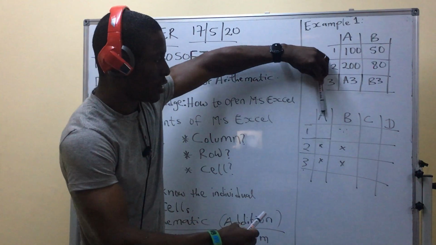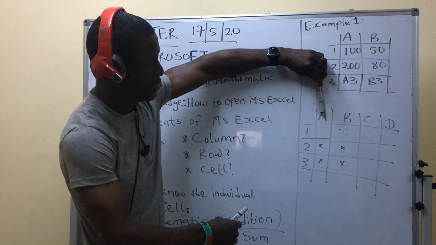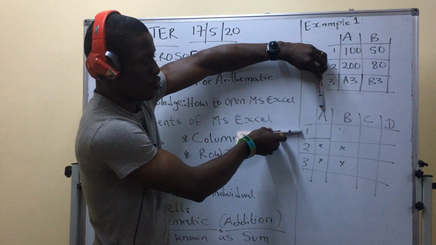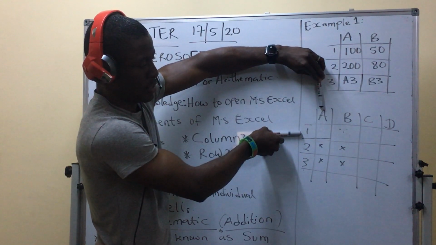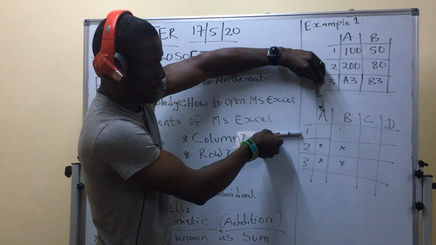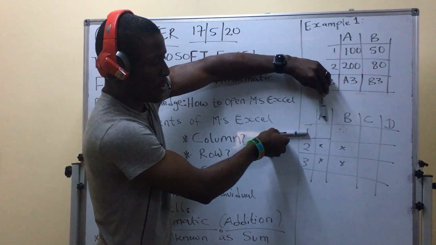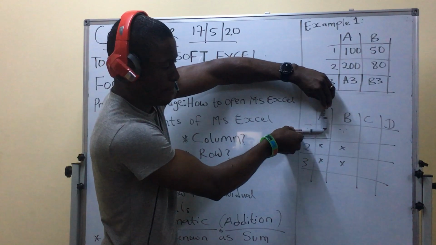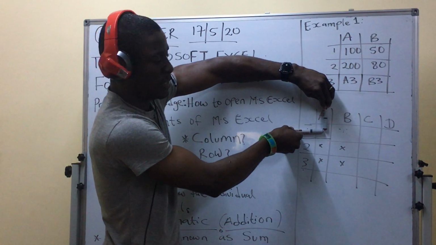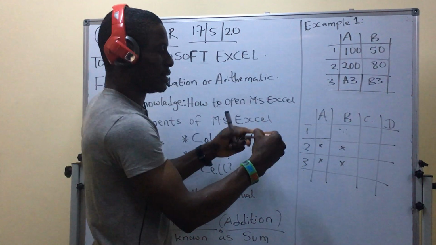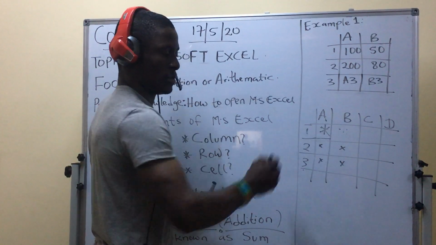this is column A, and this is row 1. Let's see. The column is coming down, the row is going across, and the two of them meet here. This place where they meet is a cell.